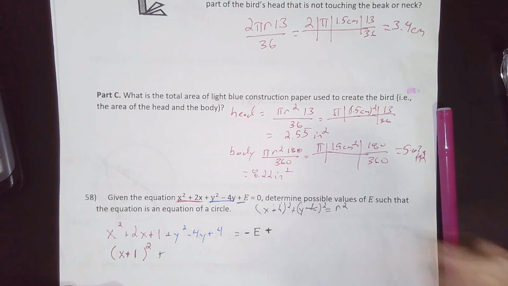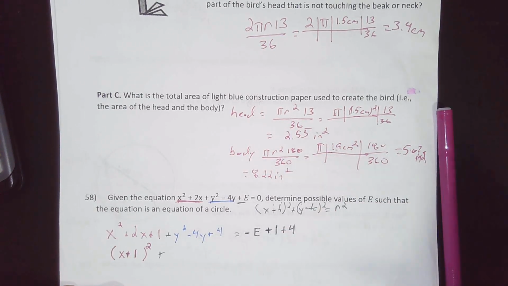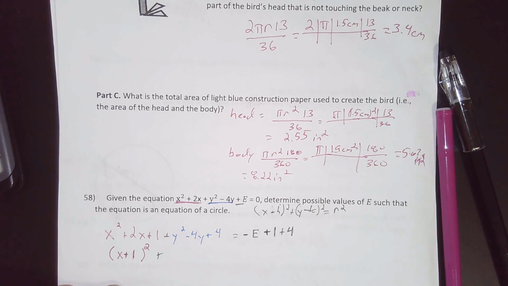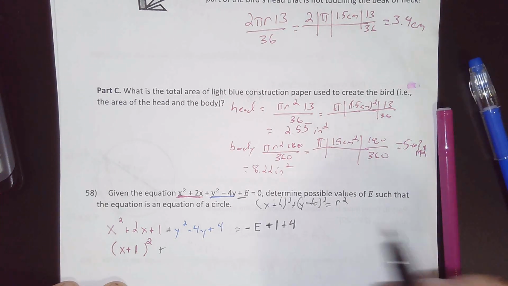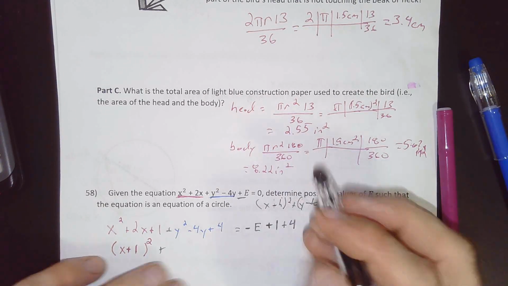Okay, so we have to add 4 to this side as well. So adding 4 to that side, we have e plus 1 plus 4. Okay, so this is plus 5.